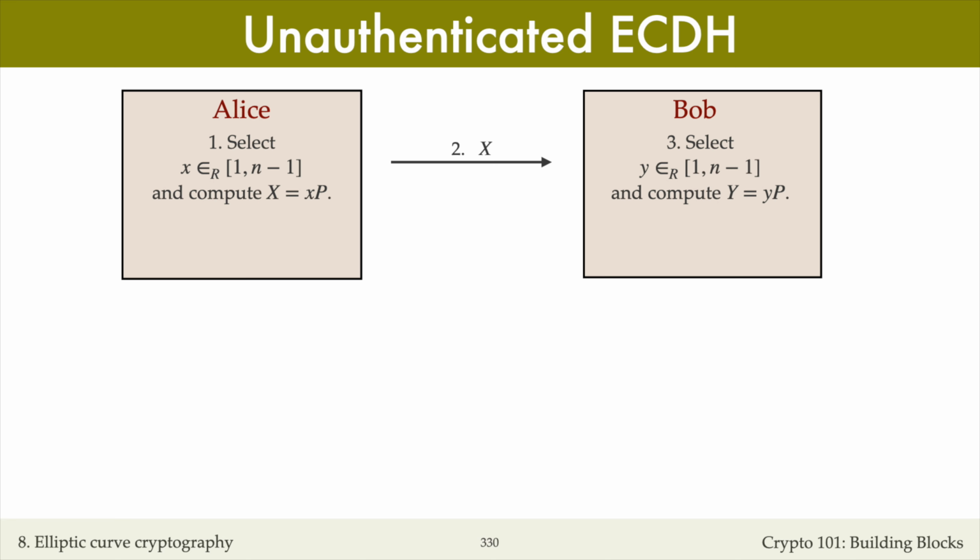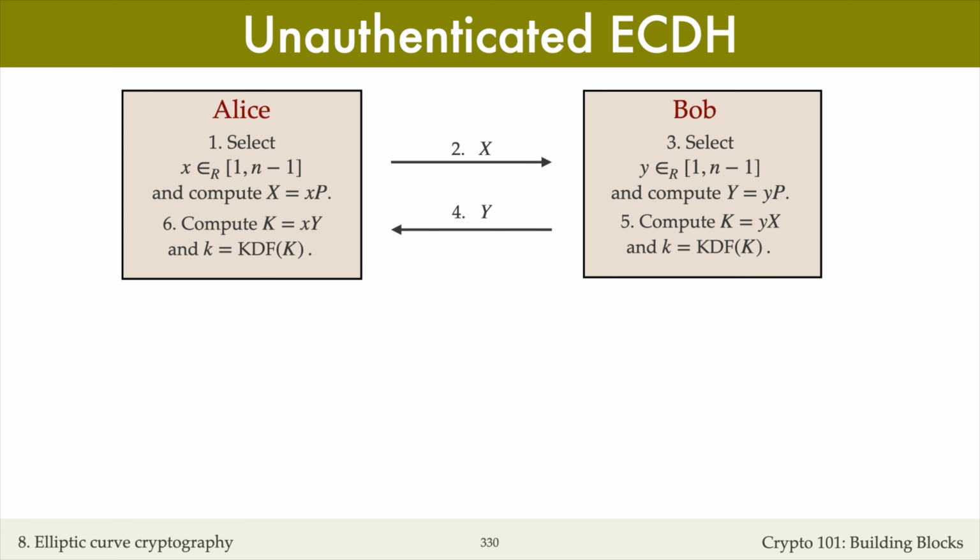Bob then selects a random integer y between 1 and n-1, computes the point Y by multiplying y and P, and sends Y to Alice over the unsecure channel. Bob multiplies the point X he received from Alice by his secret y to get the point K. He applies the KDF to the point K to get a bit string k.